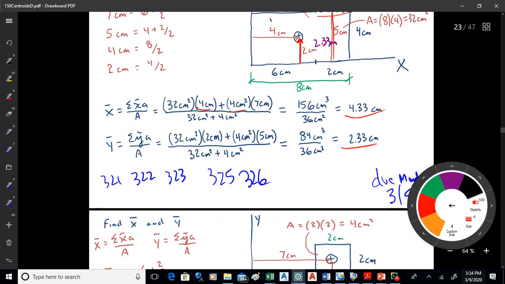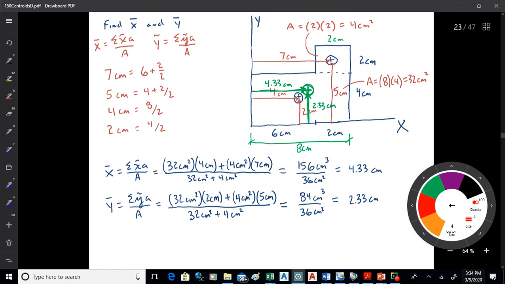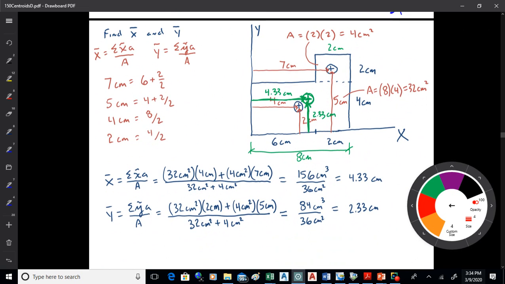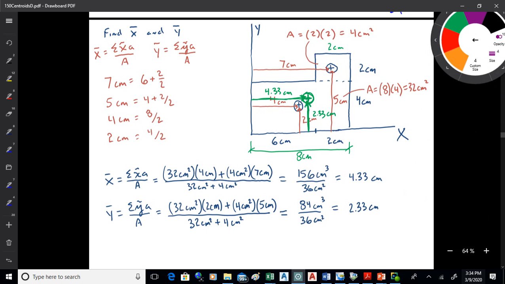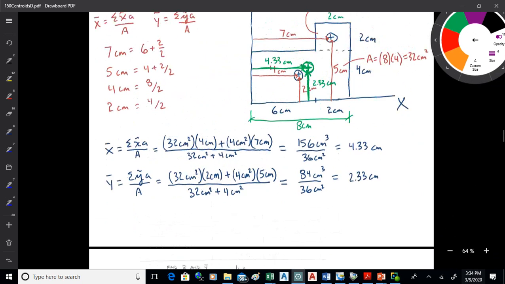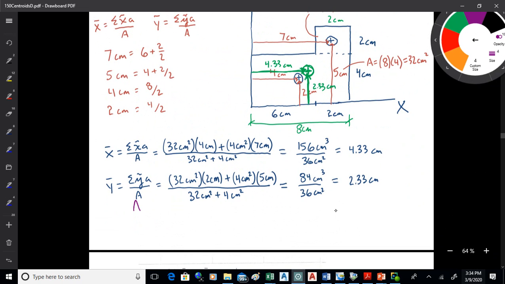Now, an approach I like to take on these sometimes is to make tables, because I can keep my stuff straight and be a little more organized about it. So quite often I might have a column for area, a column for x bar, and then a column for x bar times the area.